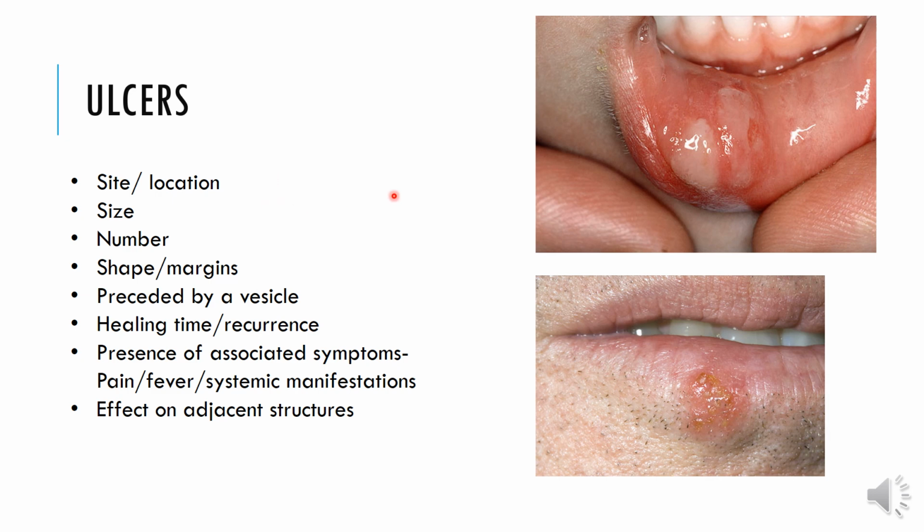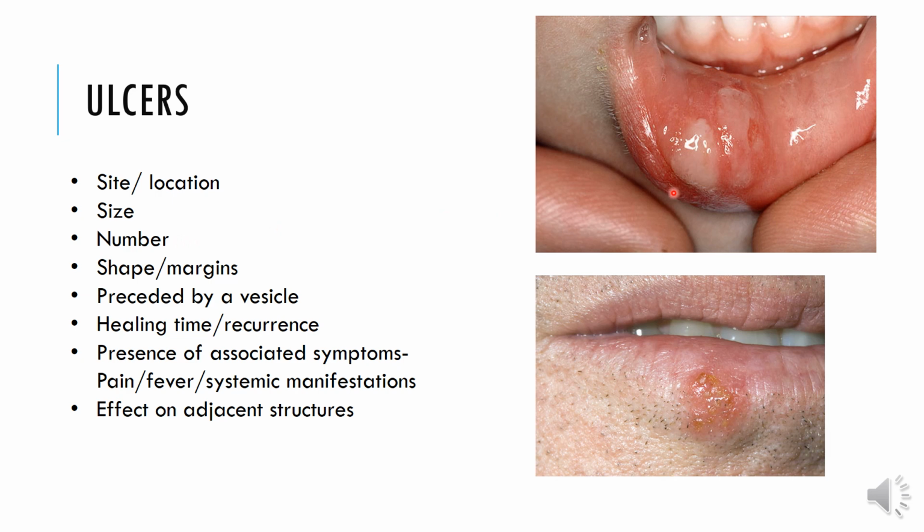When you're looking at a case which presents to you with an ulcer, for example, here you can see two diffuse ulcers. What are the most important features that you need to jot down? Those are listed here. First of all, the site and the location, the size, the number of ulcers.